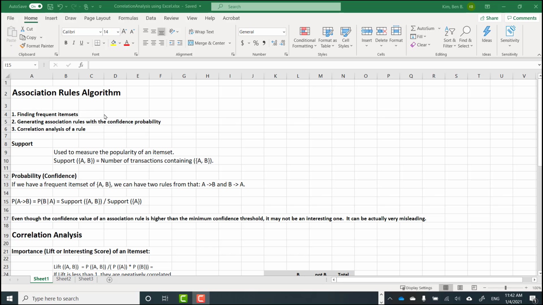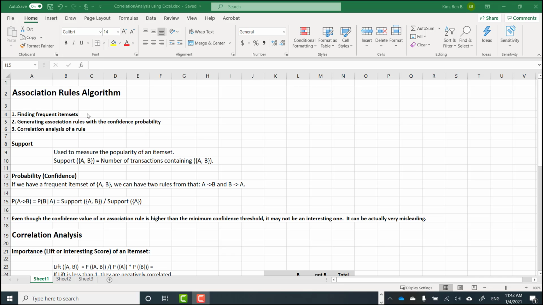All right, let's review the whole process related to the association analysis, or association rules, algorithm. Basically there are three tasks we need to do. First, we need to find the frequent item sets. We use the a priori algorithm to do this.